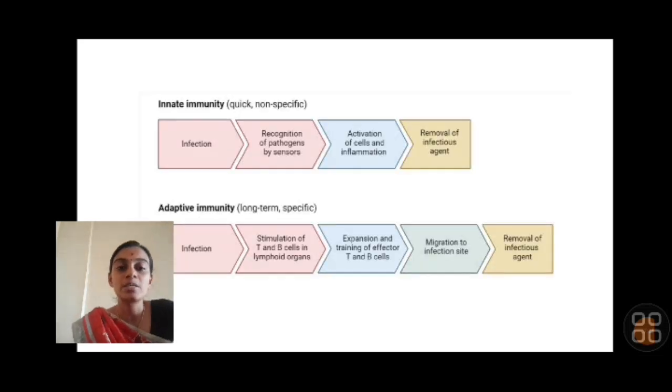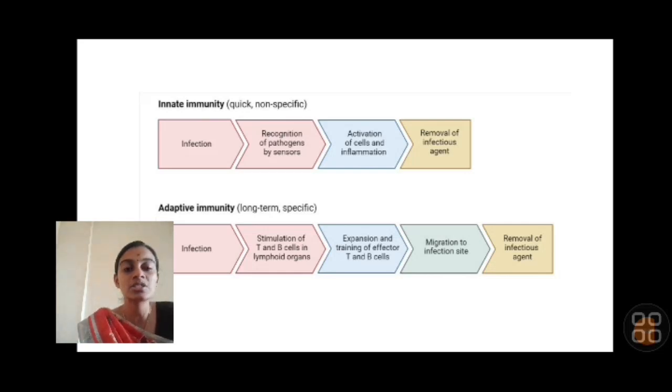So let's see innate and adaptive immunity. Innate immunity is quick and non-specific, whereas adaptive immunity is long-term and specific. In innate immunity, once the infection occurs, there is recognition of the pathogens by the sensors, and this leads to the activation of cells and inflammation, and at the last, the antigen which invaded the system is removed.